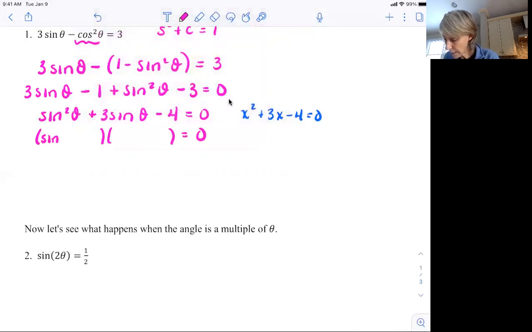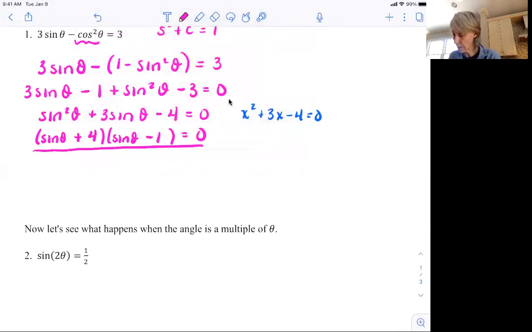I put a sine theta, that's my variable. Two numbers that multiply to -4 and combine to give me +3. Plus 4 and -1. I want to set each factor equal to 0.